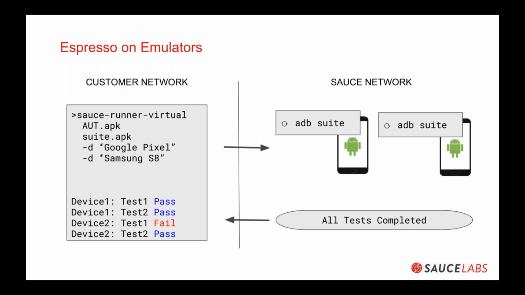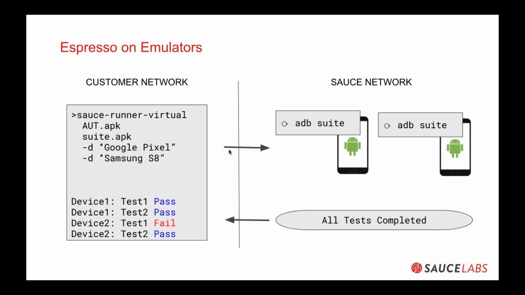So with that in mind, I'm going to jump in and show you how to run Espresso tests on Sauce simulators. At a very high level, this is how the solution works. If you want to run Espresso tests on Sauce simulators, you need to use this application called Sauce Runner Virtual. To this application, you provide the application under test, the Espresso test suite itself, and a list of emulators on which you want to test.